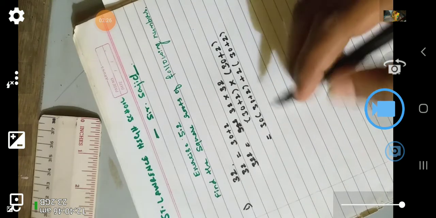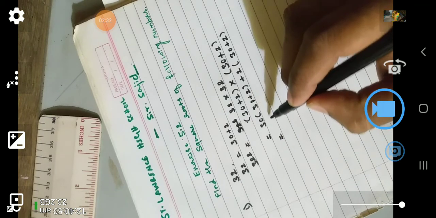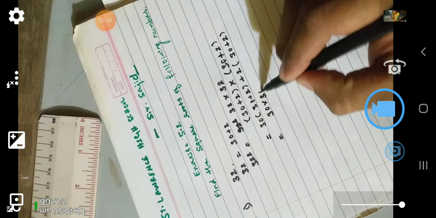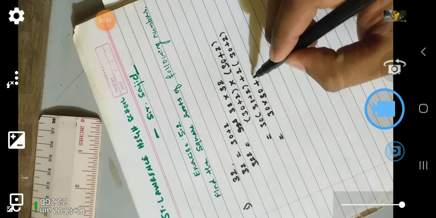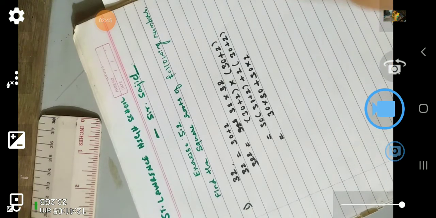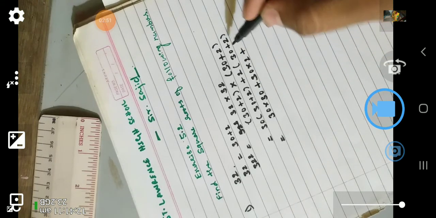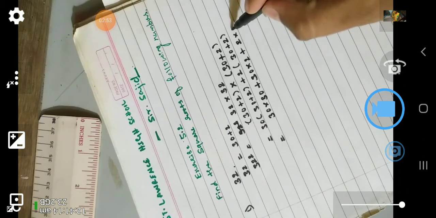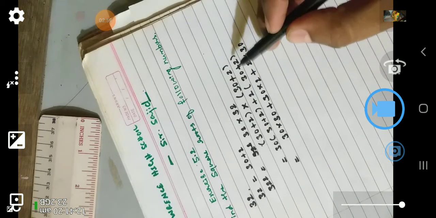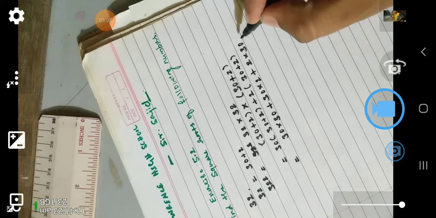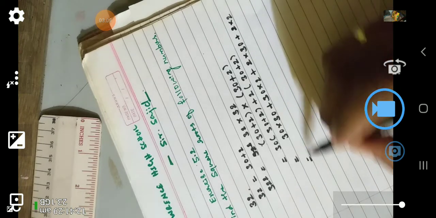That's equal to 30 into 30, plus 30 into 2, plus 2 into 30, plus 2 into 2.